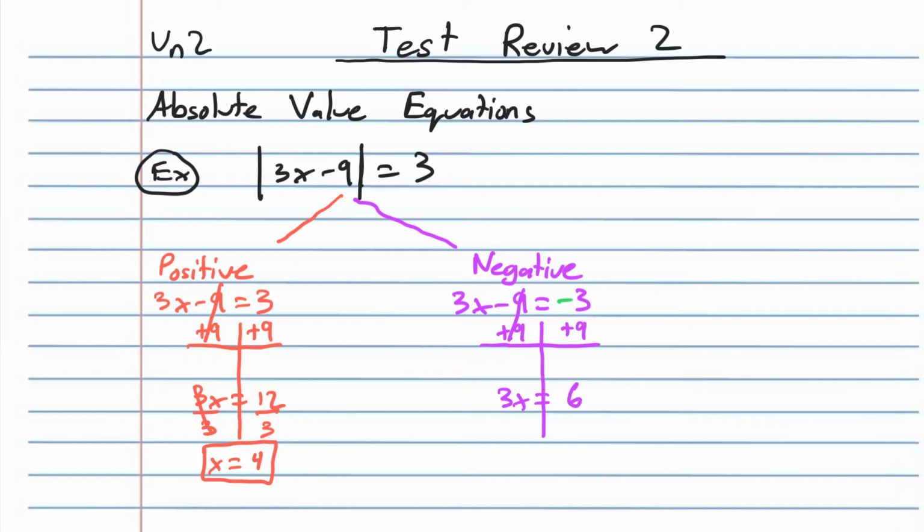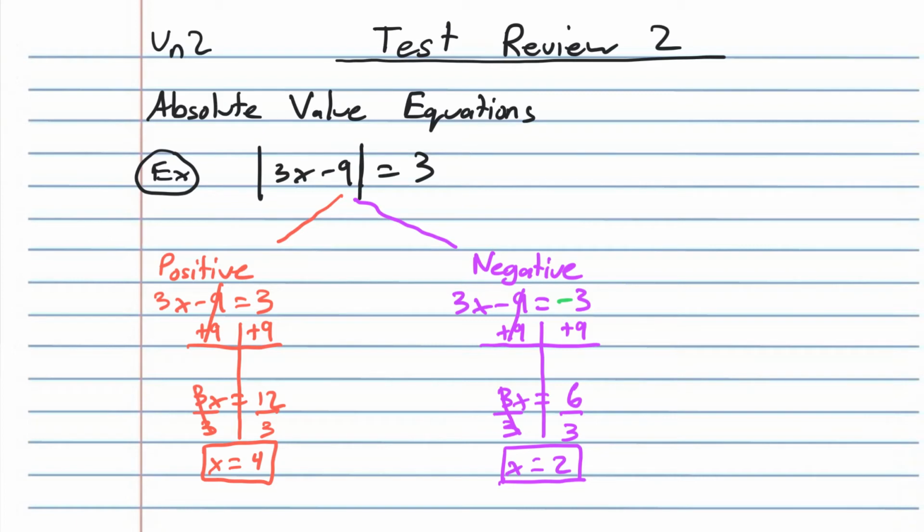And then same step, let's get rid of that 3. 3's cancel, and we get the answer of 2. So that's how you do these absolute value equations: once those bars are alone, you split it up into two possibilities, a positive case and a negative case, and you get two separate answers. Very important.